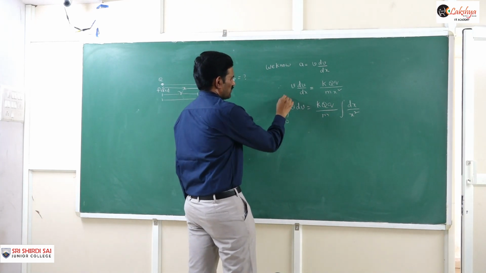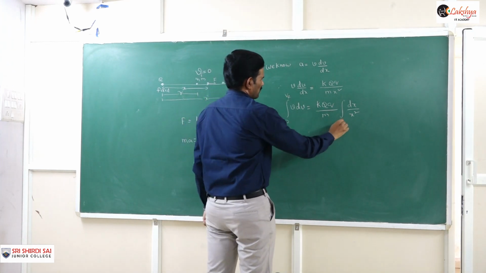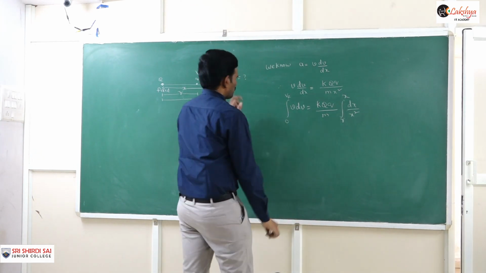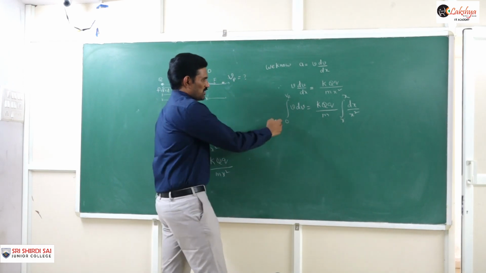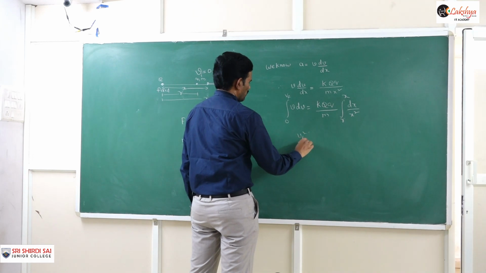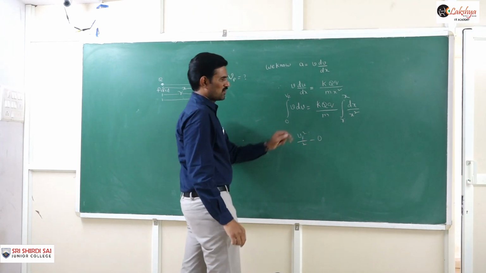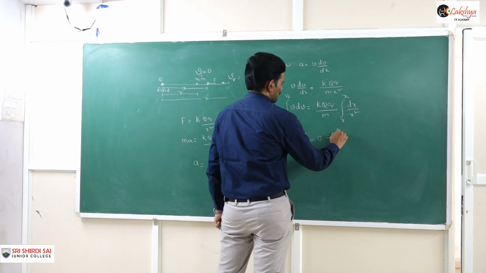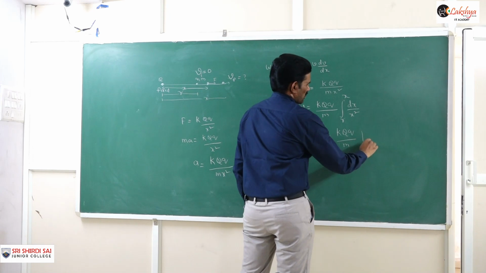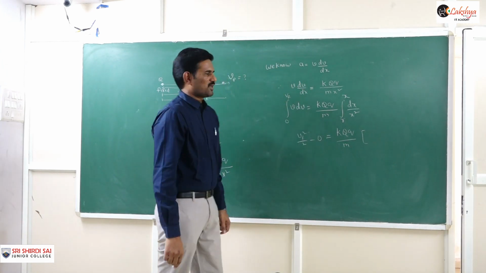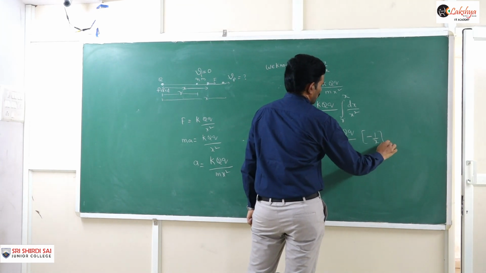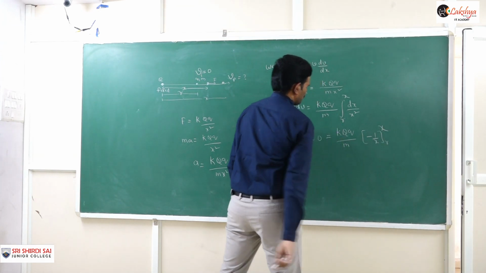Initially it is starting from rest, and we need to find the final velocity, from the initial separation r to the final separation x. Now we can integrate this. You get vf square by 2 minus 0, the lower limit, equal to kQq by m times the integral of 1 by x square, which you know gives minus 1 by x, with limits from r to x.